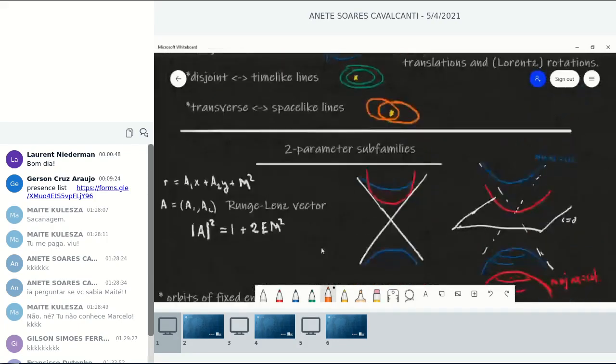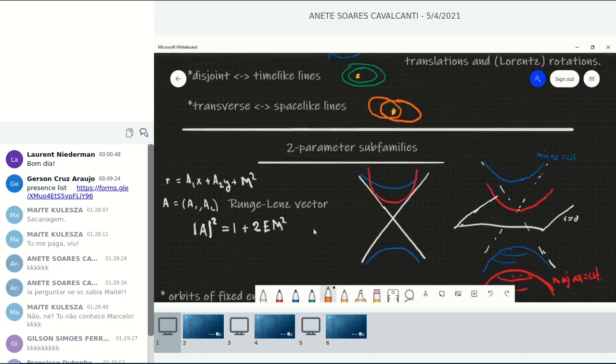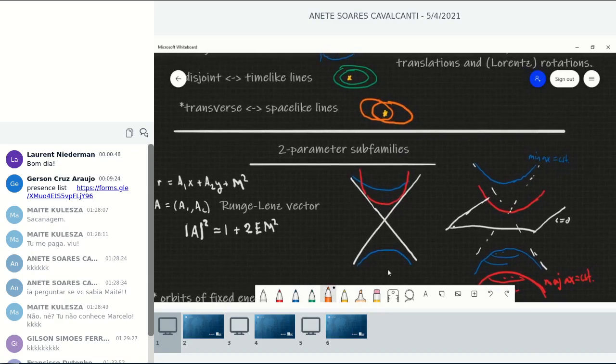So I want to mention next some of our favorite subfamilies. Here's the equation we started with. Rather than alpha, beta, gamma, I write it with A for the Runge-Lenz vector and M for the angular momentum. So here's the standard relation.